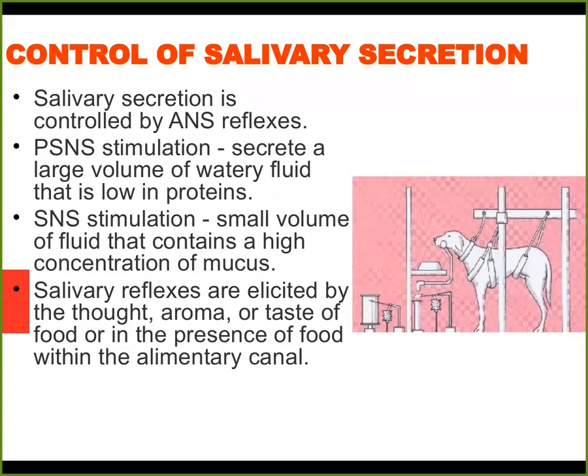The second step is when food comes into our oral cavity, saliva is additionally produced, and the level of saliva in our oral cavity additionally increases. And these processes require unconditional reflexes, which start from receptors in our oral cavity and come into the brainstem, into centers for sympathetic and parasympathetic stimulation.